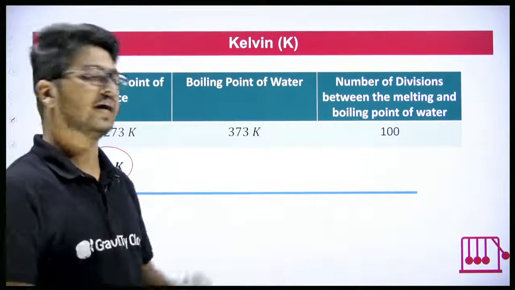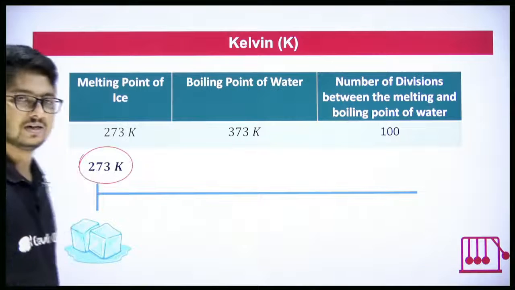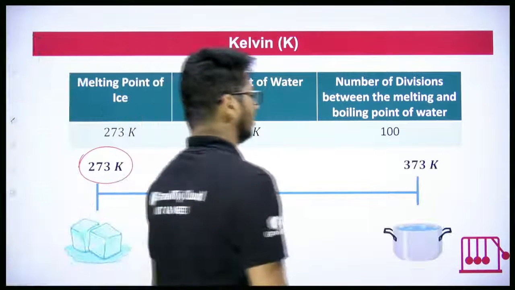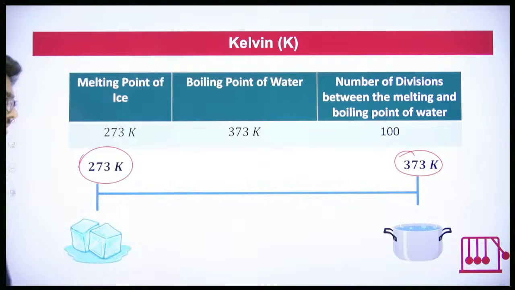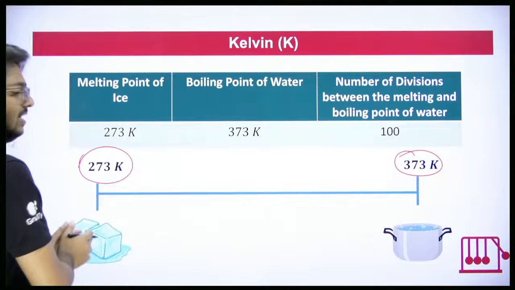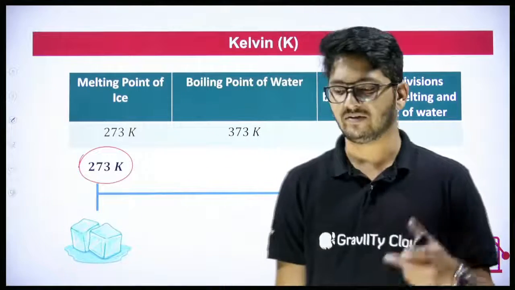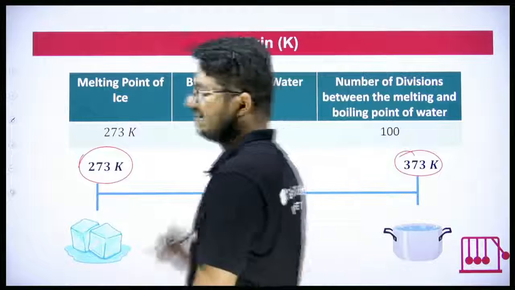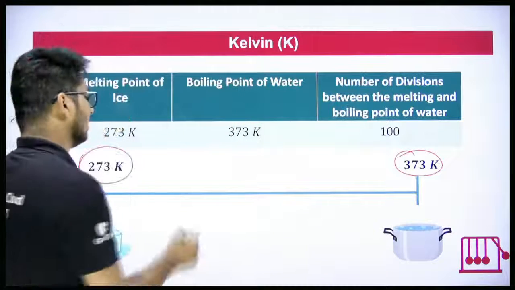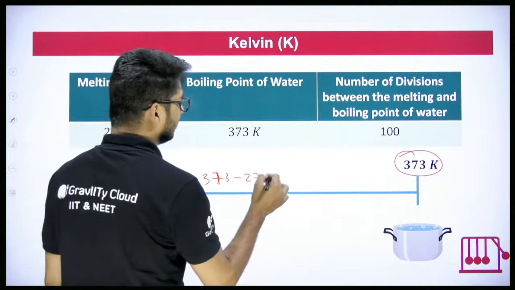For now, you can assume that Kelvin just took the melting point of ice as 273 Kelvin and the boiling point of water as 373. How many equal parts are there? How many divisions are there between the melting point of ice and the boiling point of water? Everyone try doing it. Right, for that you go for 373 minus 273.